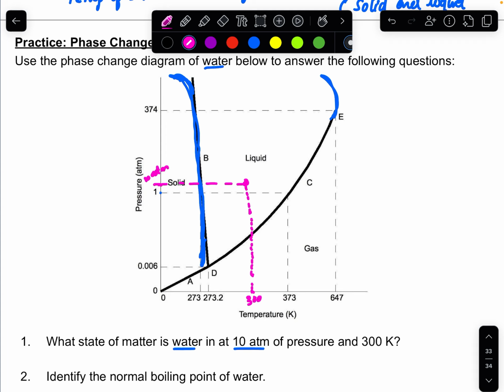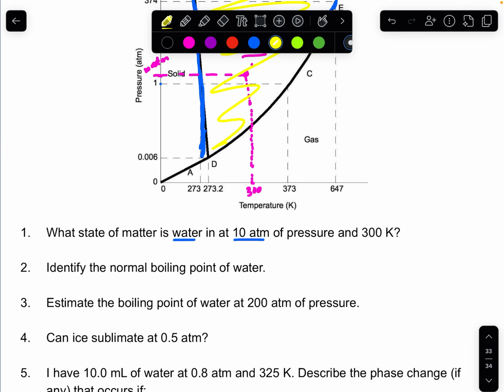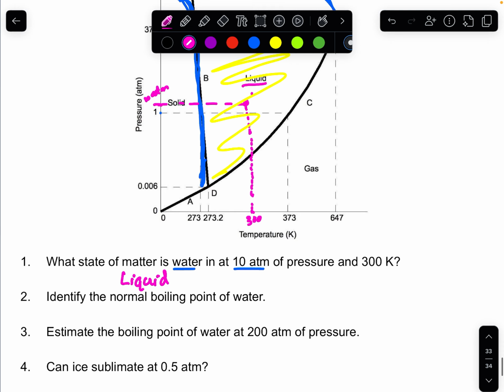Okay, so what is the state you are seeing there? This area, remember the labeling, this area is what? Liquid. So I'm going to write the state of matter at this condition is liquid.